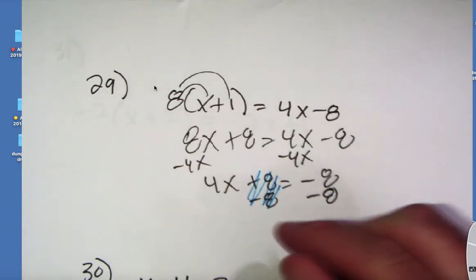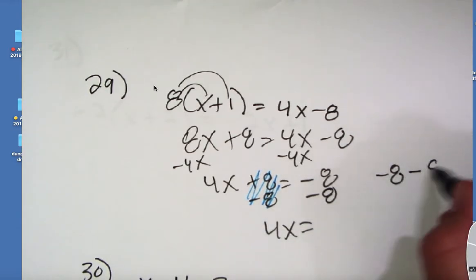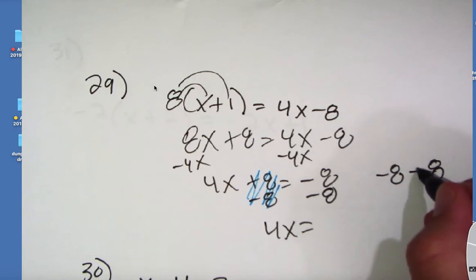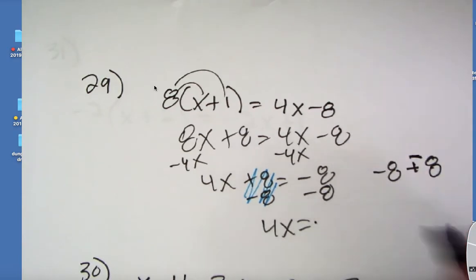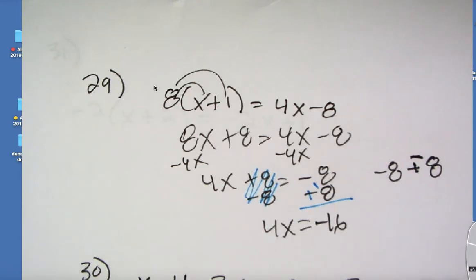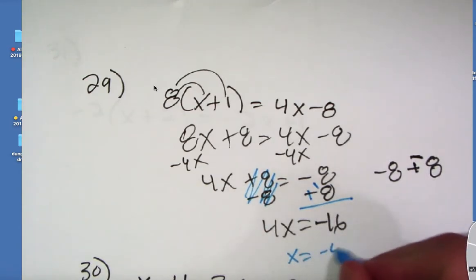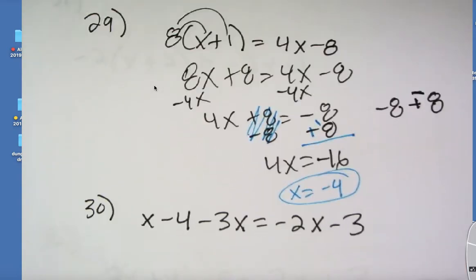And we're left with 4x equals negative 8 minus 8, which is the same thing as negative 8 plus negative 8, which is negative 16. And then divide both sides by 4, you get negative 4. That actually has a solution that makes it true. Next one, okay.